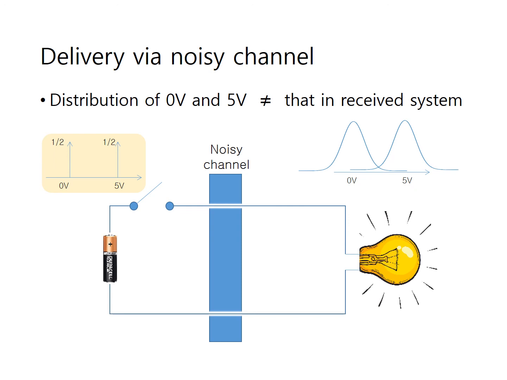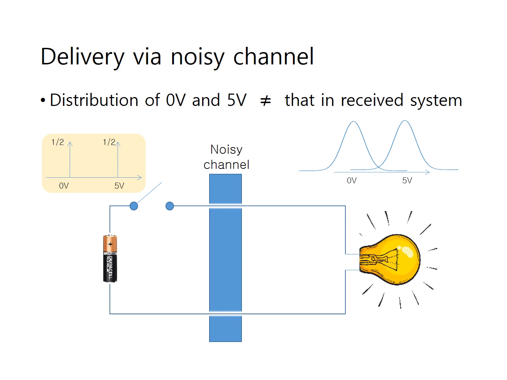The probability of error increases as the area where the two probability distributions overlap at the receiving side increases. How to reduce bit error? First, the noise distribution can be narrowed. Then the overlapping area in the probability distribution on the receiving side could be reduced.